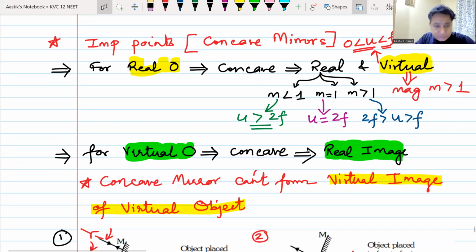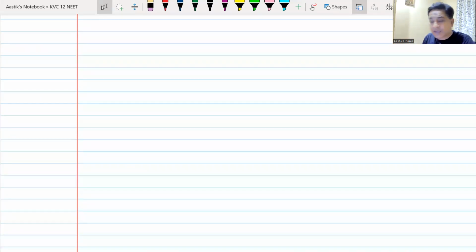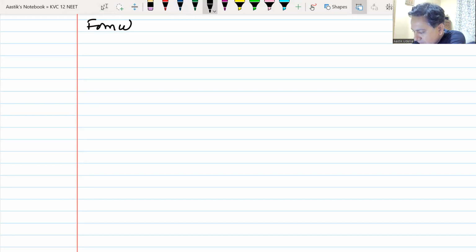Then, since it's been a long time, I'll just write the formulae once again so that we can go about solving problems. Formulae that we have seen up till now.